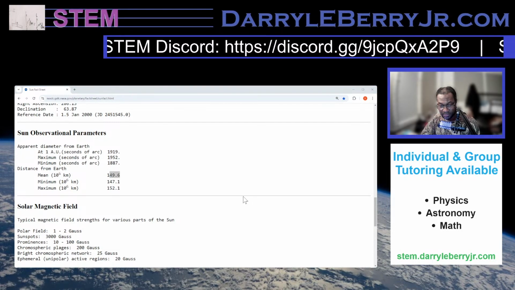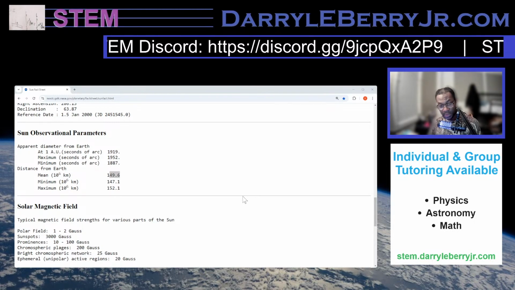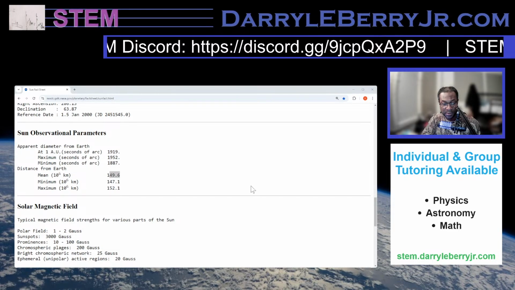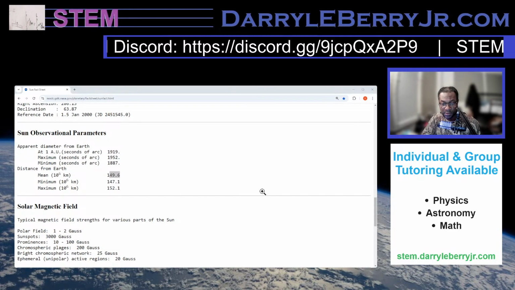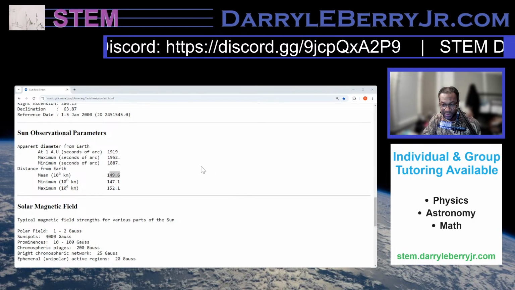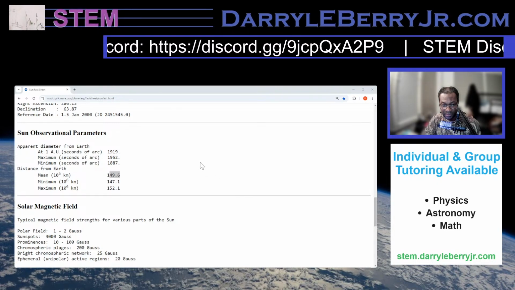Gravitational potential is GM over R. Yep, that's what it is. Looks like it is missing a kilogram squared.